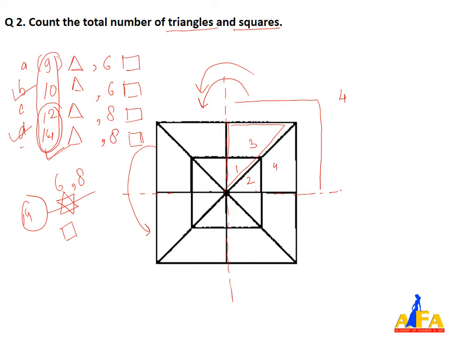Then we will multiply for the other shape, because if the number of triangles is 4 in the first figure, then in the second figure also it will be 4. So we will multiply it by 2, so that we can calculate the number of triangles easily. So the number of triangles in both the figures is 8.